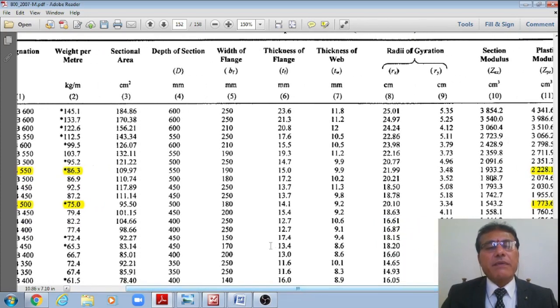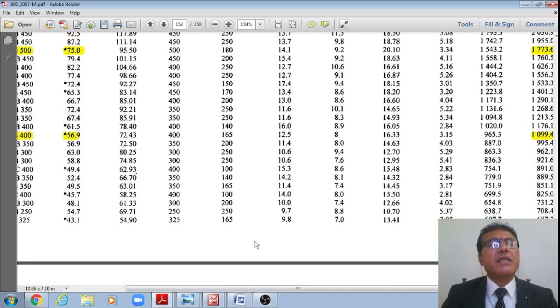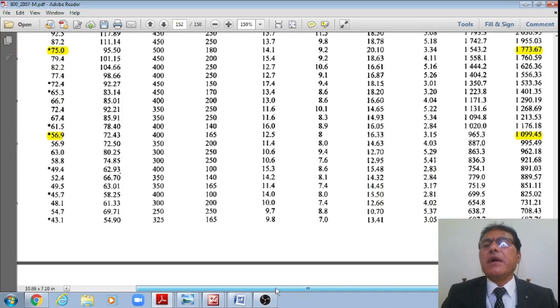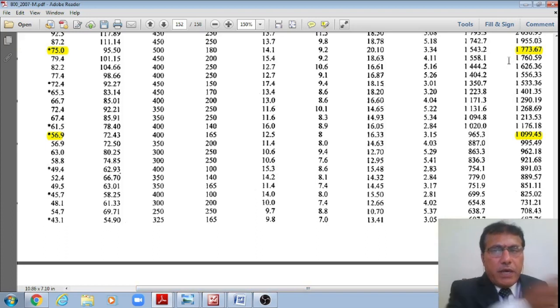Therefore, I'll note down the relevant properties of this ISLB 500, wherein it is furnishing a plastic section modulus of 1773.67 centimeter cube, whereas the elastic section modulus is 1543.2, and the other properties are like this.